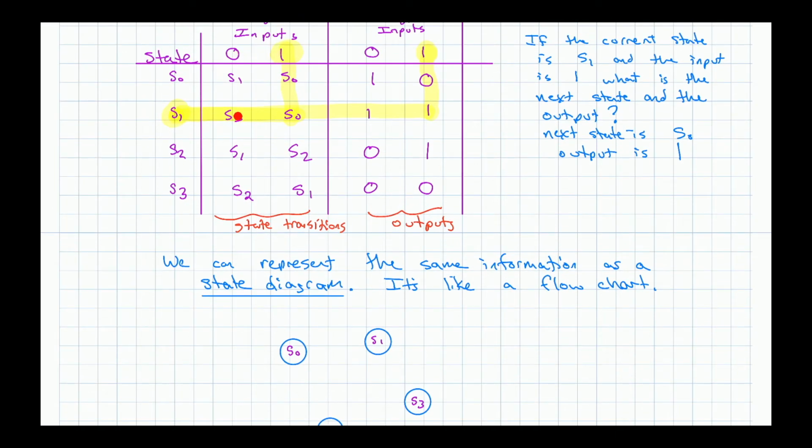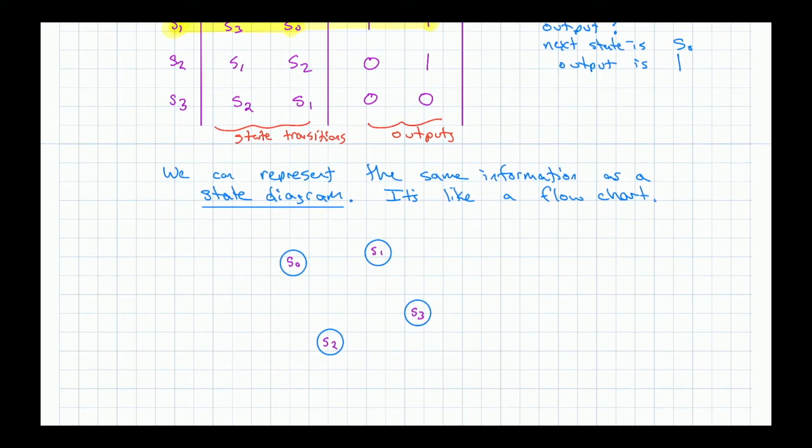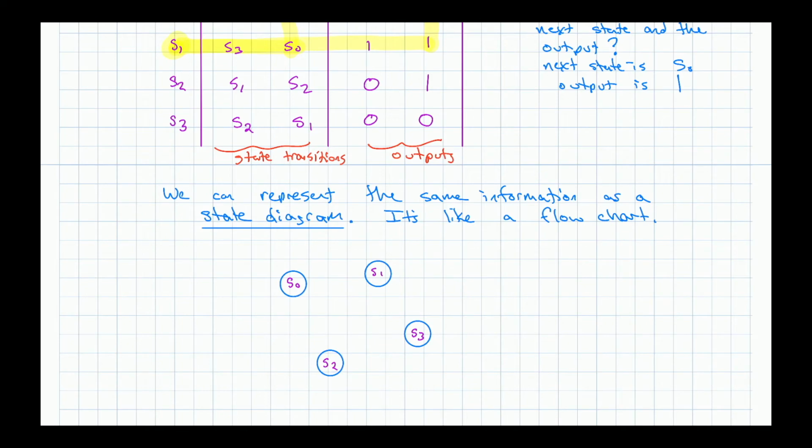So from S1, there's going to be an arrow that goes to S3, with a nice curve. But then there's also going to be an arrow that goes to S0.